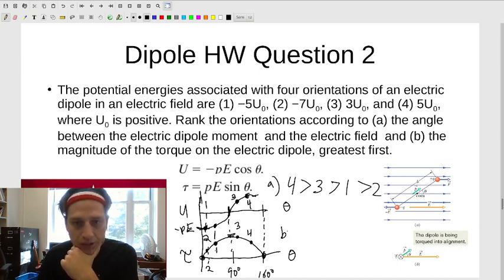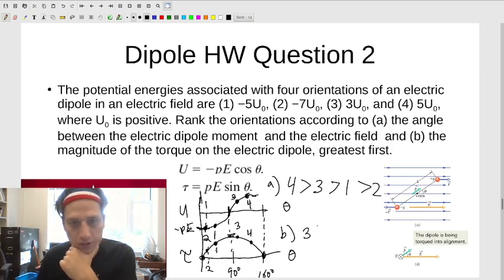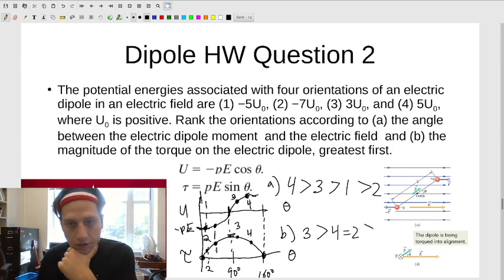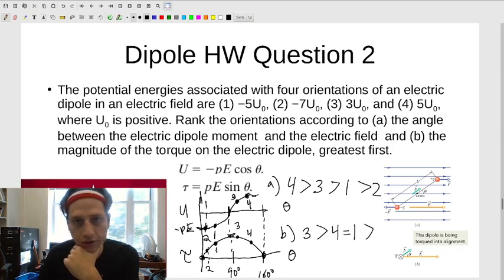And then for my part B, I can look at how big these magnitudes on the torque are going to be. It appears that 3, which aligns with that, is going to be the biggest. And then 4 and 2 are going to be the same. And then 4 and 1 are going to be the same. That's the minus 5u and 5u.